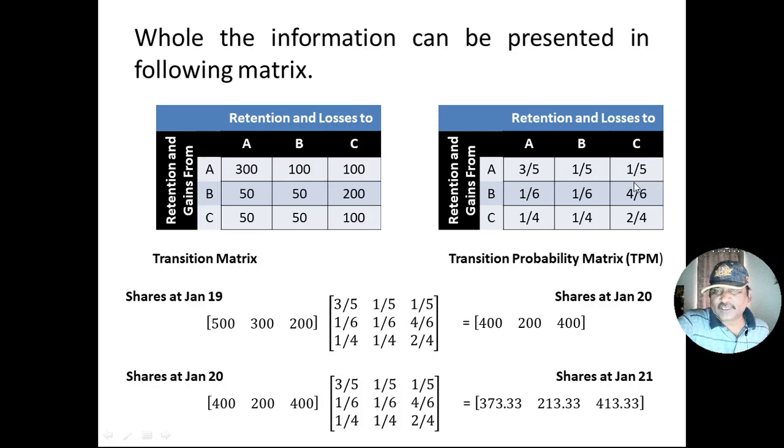4 by 6 means half of this will be 2 by 6. And this 2 by 6, company A will be gaining from B. So this figure will reduce down to 2 by 6, and the 2 customers out of 6 which we have saved from losing from B to C are attracted by A. So this will become 3 by 6 and this will remain 2 by 6. 50% of this will be retained here and that 50% will be attracted here.